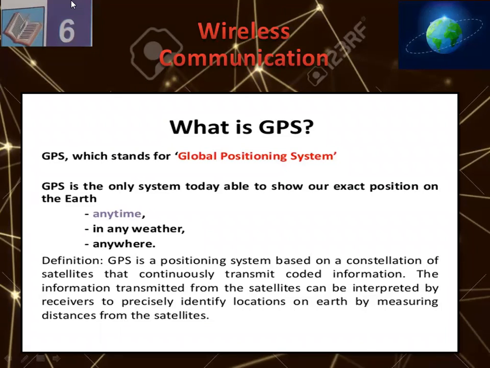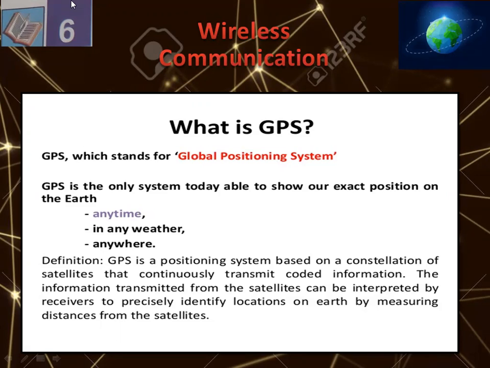The information transmitted from the satellites can be interpreted by receivers to precisely identify a location on Earth by measuring distance from the satellites. So this is basically the global positioning system.